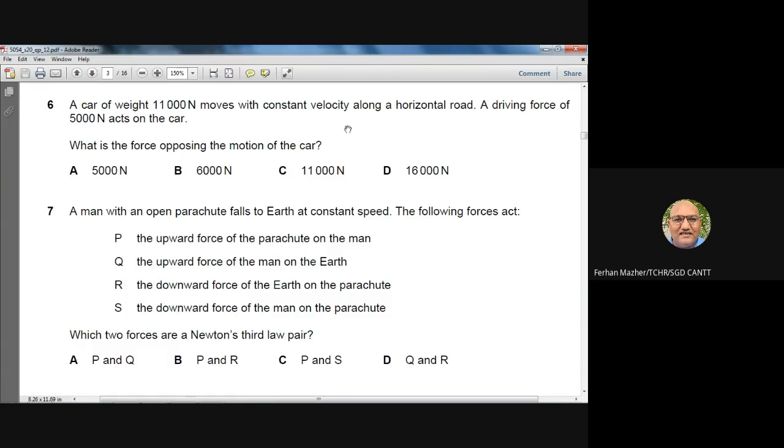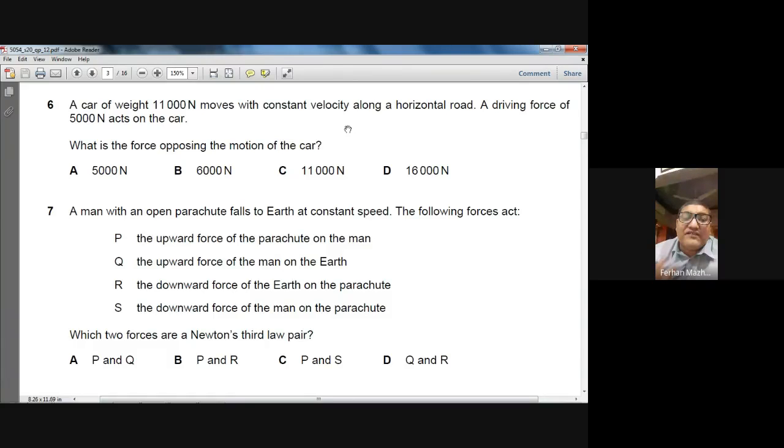Because the body only moves with constant velocity or constant speed if the resultant force is 0. The body will move with constant velocity only when the resultant force is 0. And when will the resultant force be 0? When the forward force and the resistive force are equal to each other.